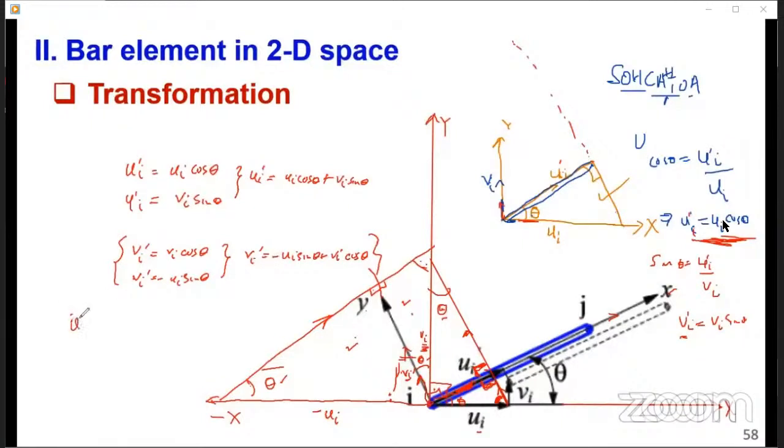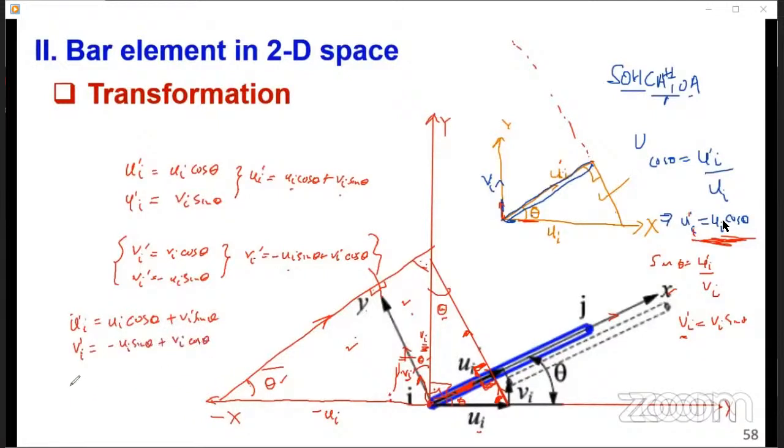Okay, U prime I is equal to UI. Let's arrange in terms of UI, VI, UI, VI. So UI cos theta plus VI sin theta, just putting them together, and therefore V prime I is equal to minus UI sin theta plus VI cos theta.